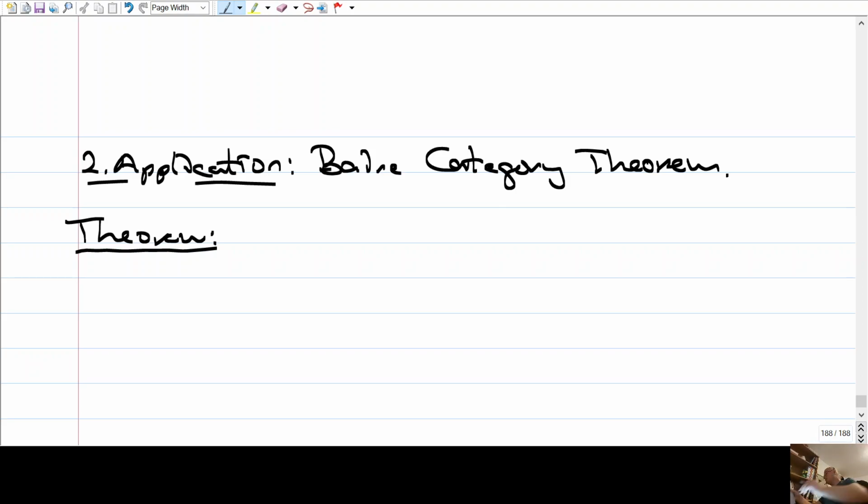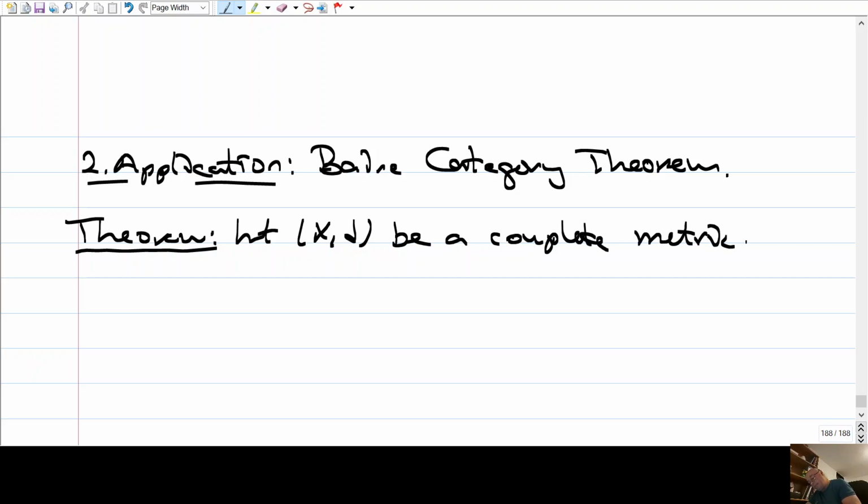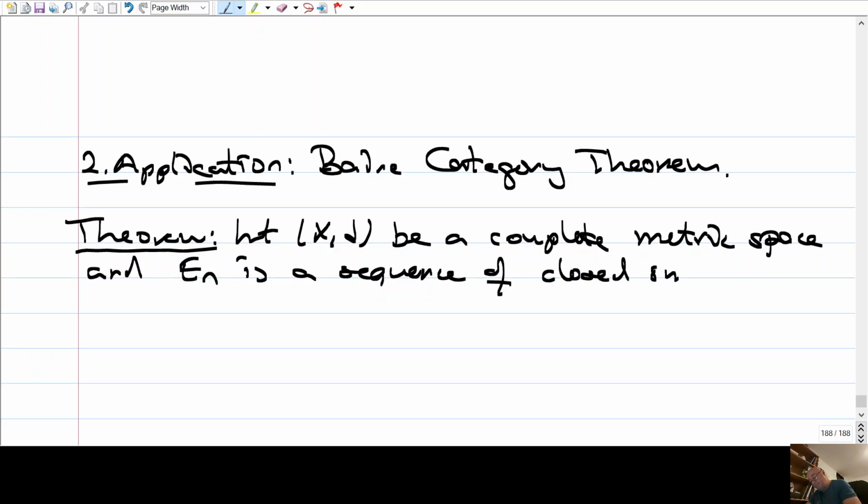Let (X, d) be again a complete metric space, and E_n is a sequence of closed subsets of X.